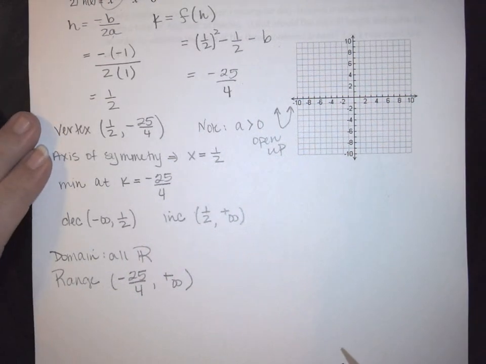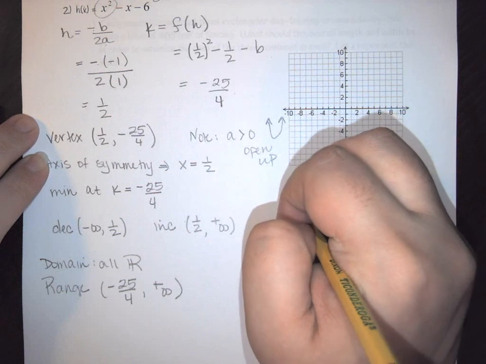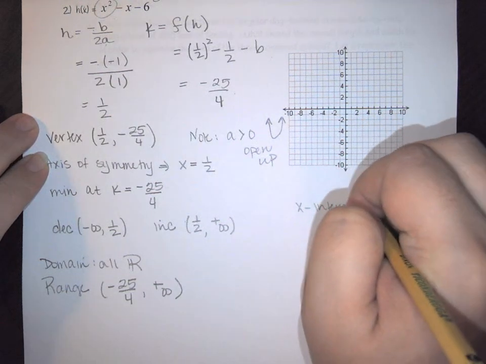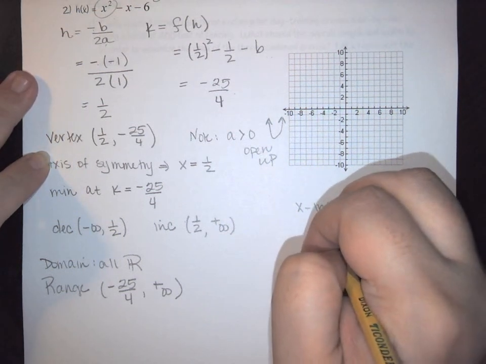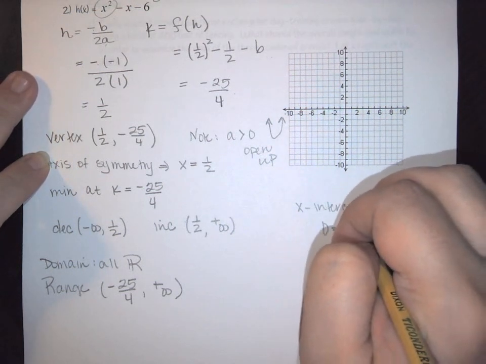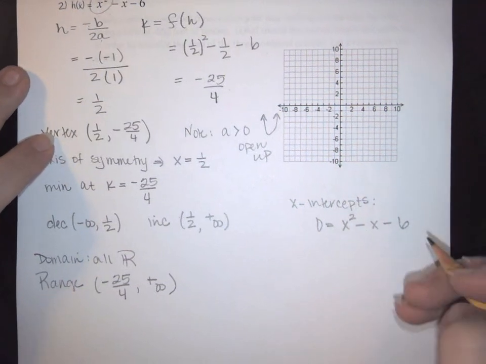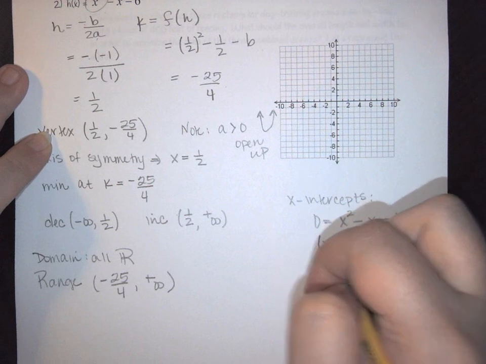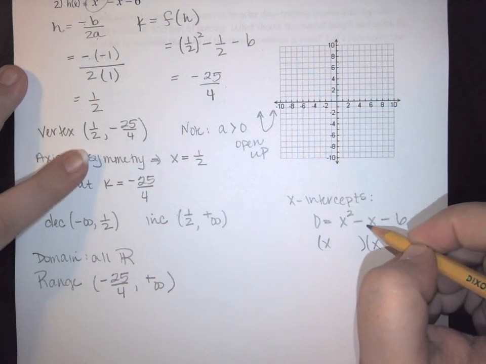So the only thing that's missing is being able to solve for my x-intercepts. My x-intercepts are found by solving the quadratic. So I have 0 is equal to x squared minus x minus 6. In this case, we can factor this pretty easily. Break this into x and x. Factors of 6 that are going to give me a negative 1.